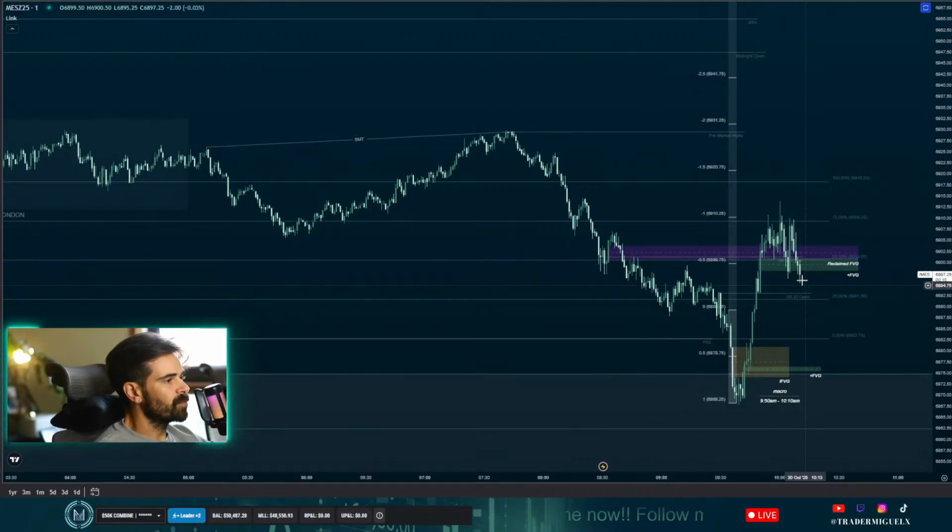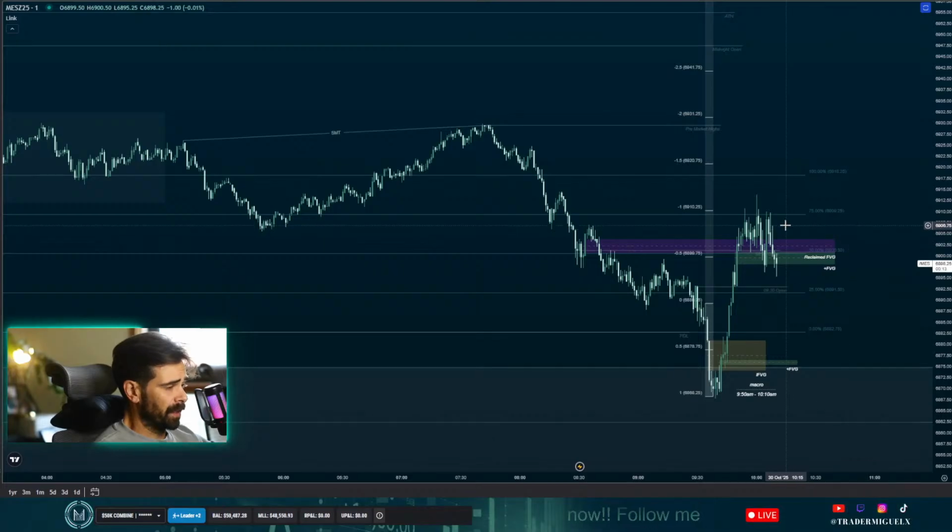Let's see if this move to the downside will not be some sort of a manipulation lower just to take out these lows here.